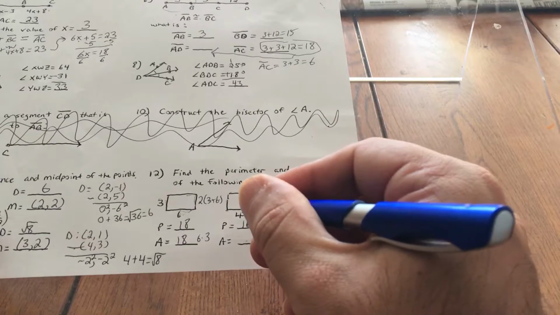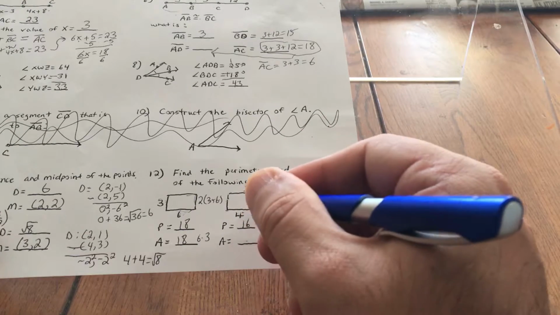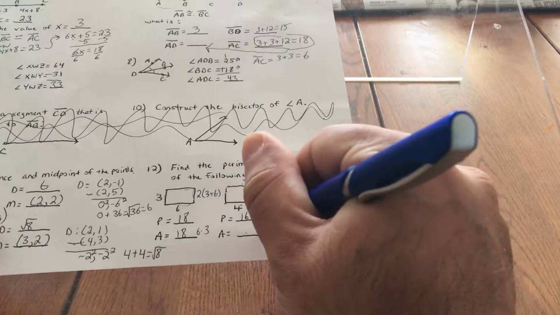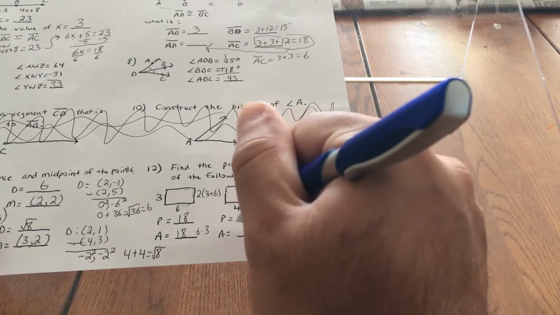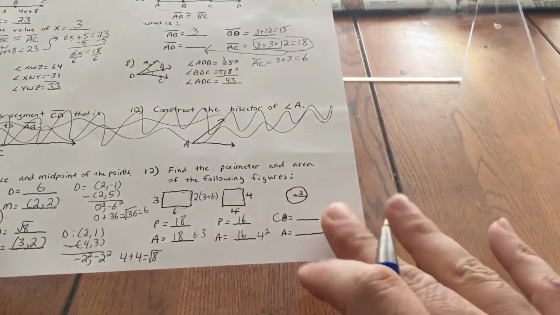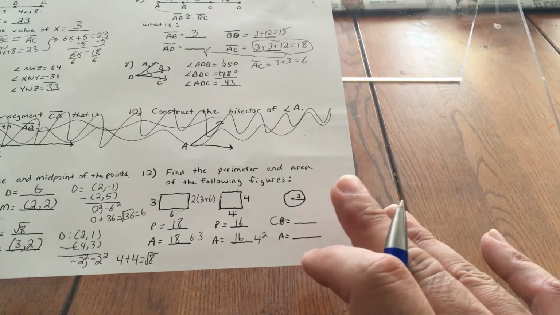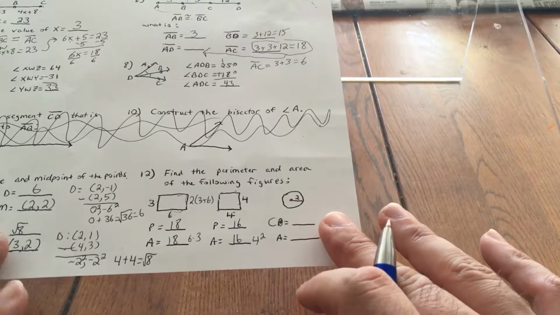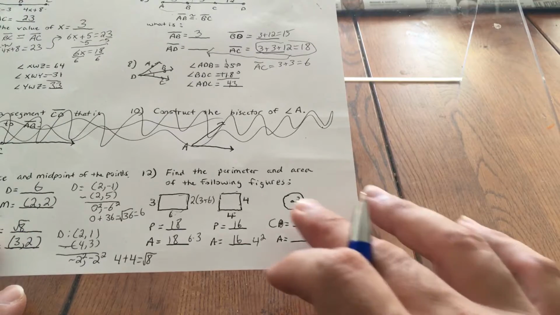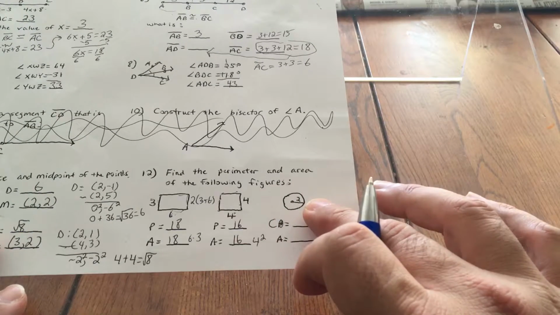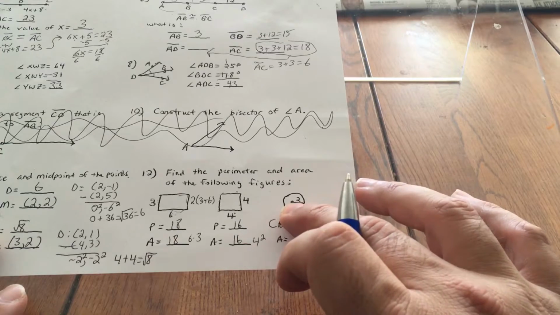The area is going to be the length squared, or 4 squared. So again, that's going to be 16. So just as a coincidence, the perimeter is going to equal the area in both of these cases, but that's not always true.